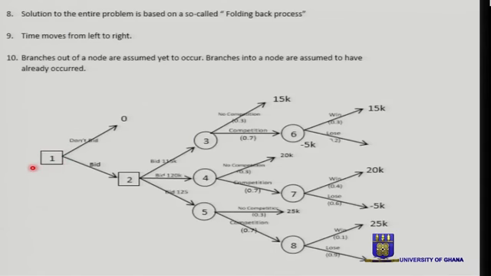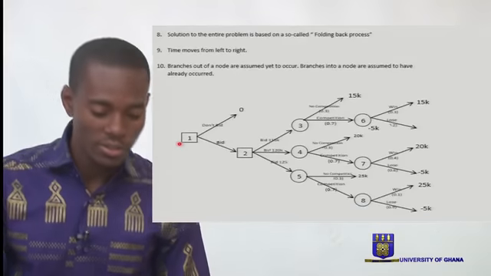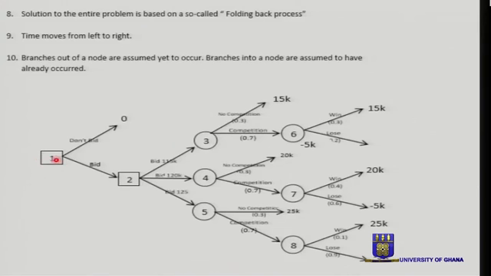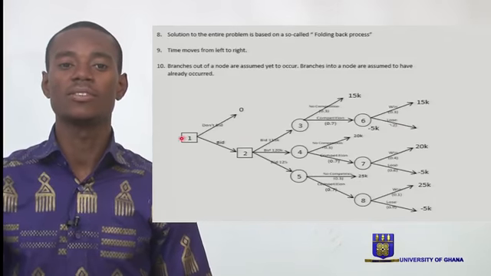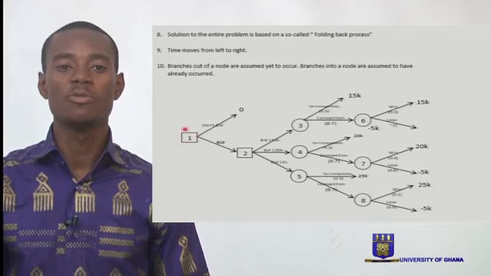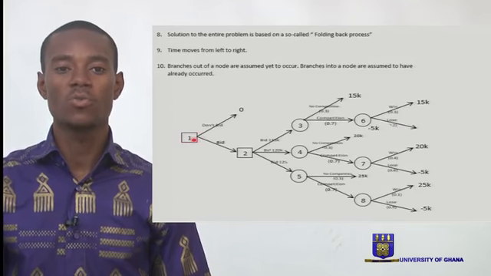Consider this one. Let's take the case of a firm deciding whether to bid for a contract or not to bid. If you read that problem, I am deciding whether to bid or not to bid. That is a decision that has to be made. And so here, that decision must be represented using a square node.